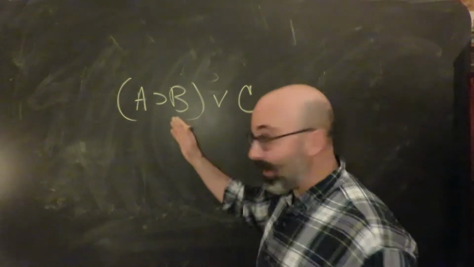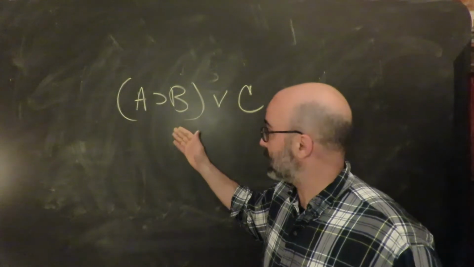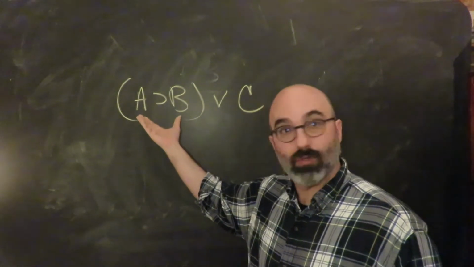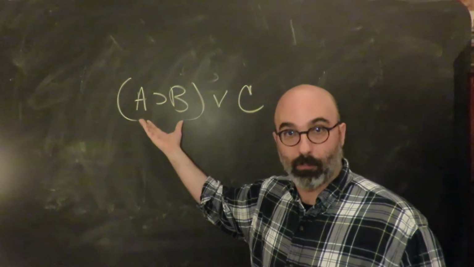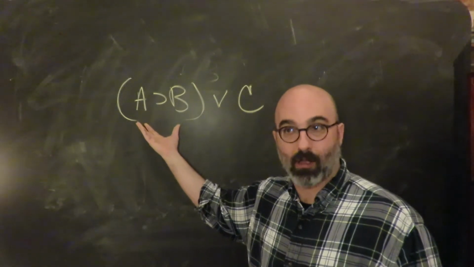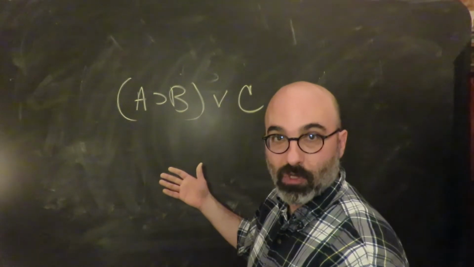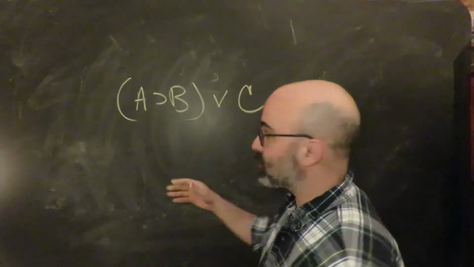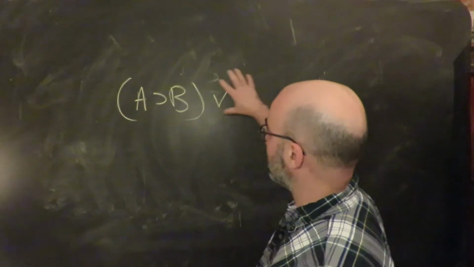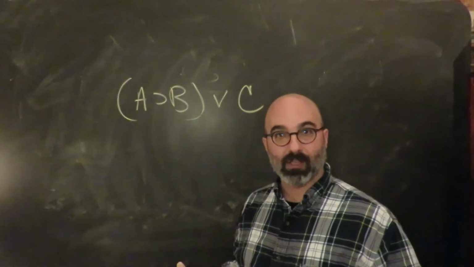However, the left-hand disjunct of this disjunction is a conditional with 2 logically simple or atomic propositions as its components. So this is a multiply complex truth functionally complex proposition. One simple disjunct, but the other disjunct is a logically complex proposition.